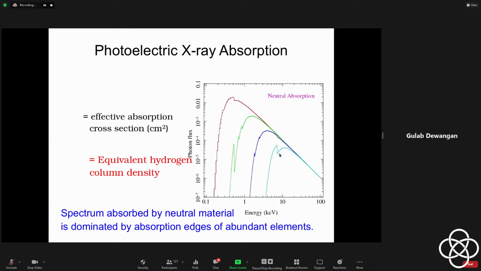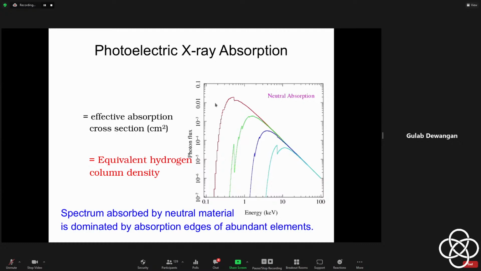The last one is for about 10 to the power 24 per centimeter squared column density, and the one which cuts off around 0.1 or 0.2 or 0.3 keV is, I think, about 10 to the power 20 per centimeter squared column density.